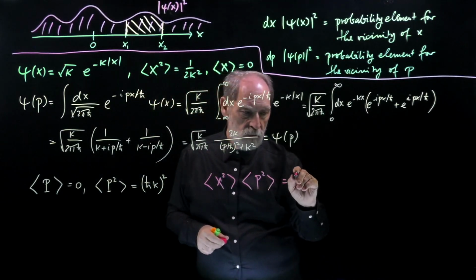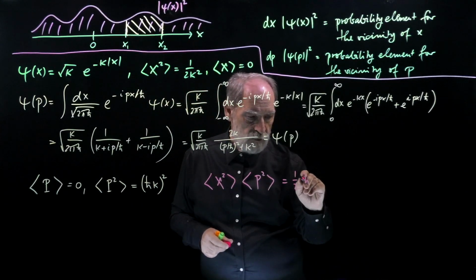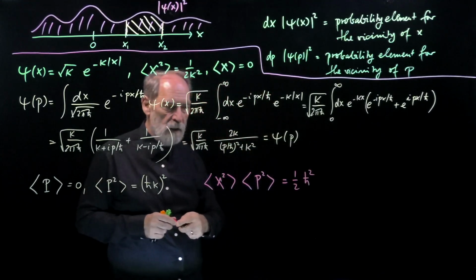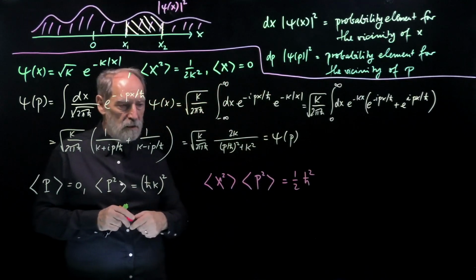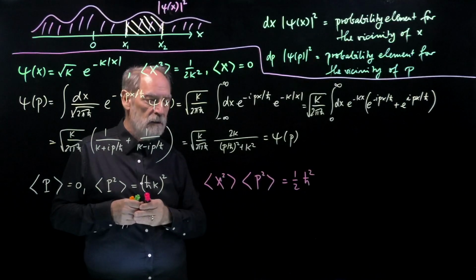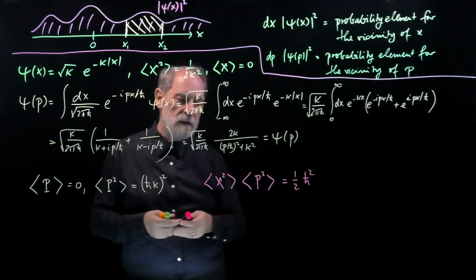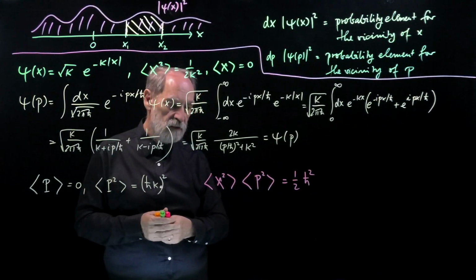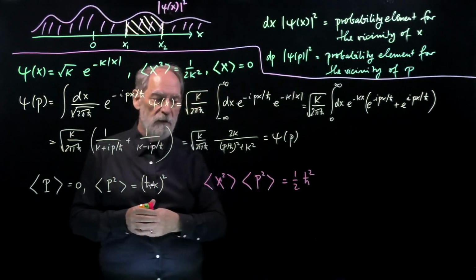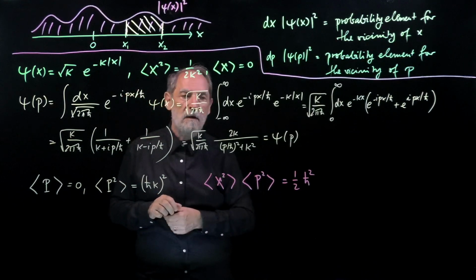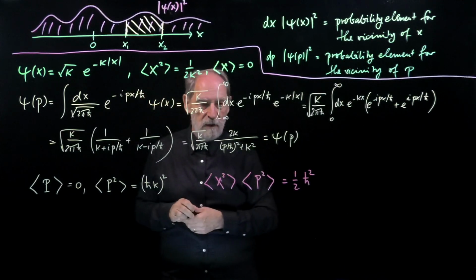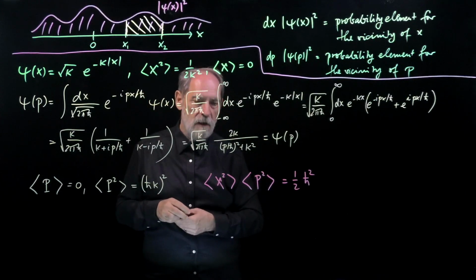It's equal to half of h bar squared. And that's a hint at a more general relation that we will consider next, and that will take us to the famous uncertainty relation that is associated with the names of Heisenberg and Kennard and others.